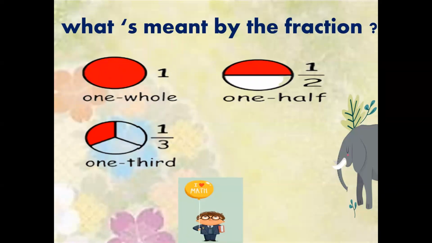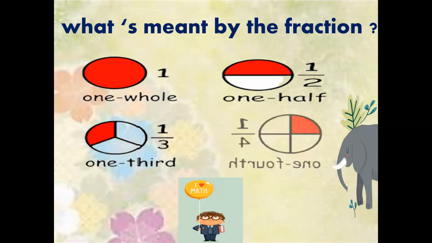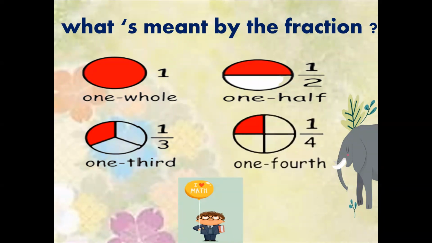Then we have 1 over 3, or one third. Then we have 1/4, or 1 over 4. Okay, now let's take some examples. If the fraction is clear, is there any problem?